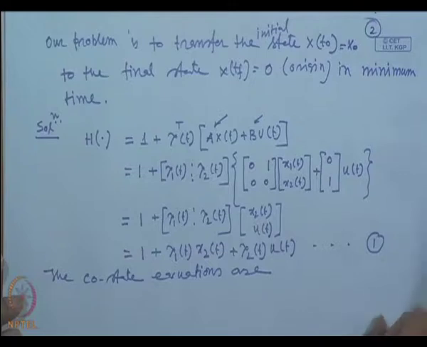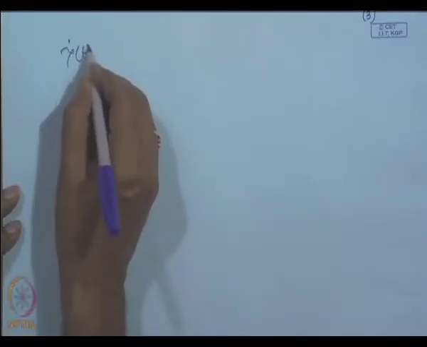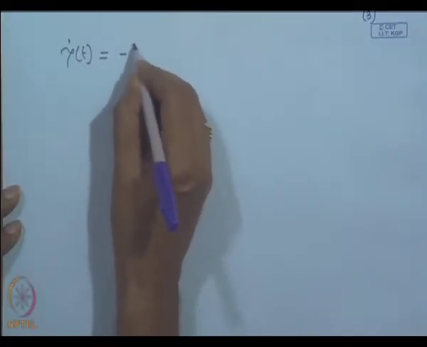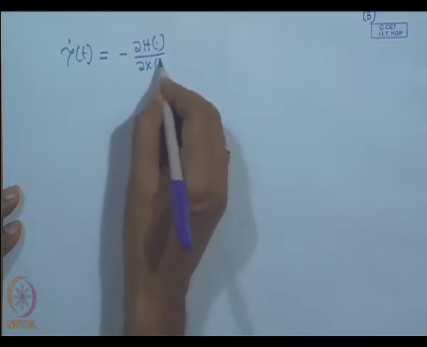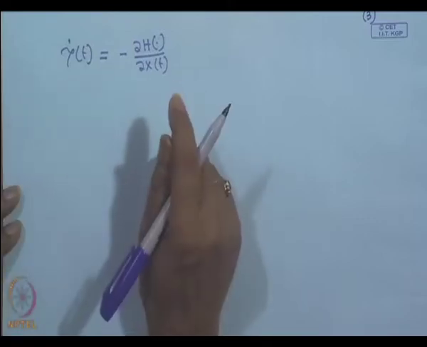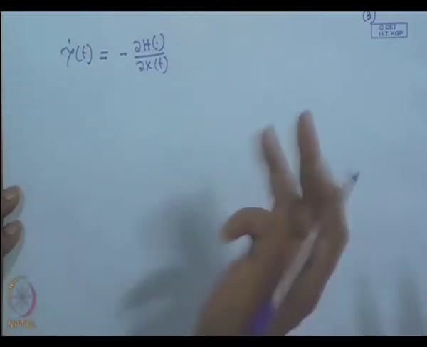So, what is the co-state equation? Lambda dot of t is equal to minus del H del x of t. That is our basic equation that we have seen from calculus of variations, for how to optimize dynamic systems.